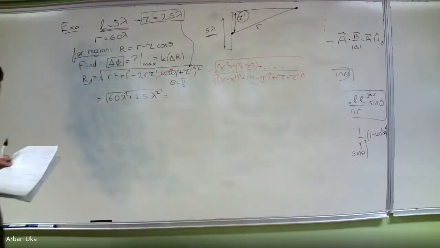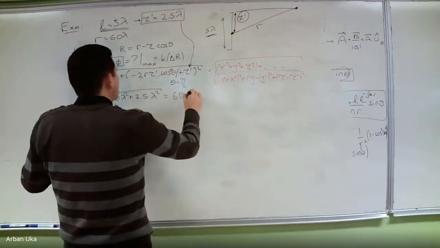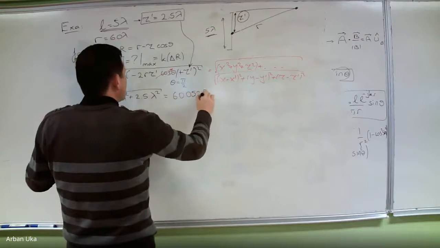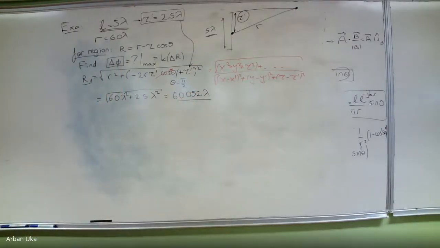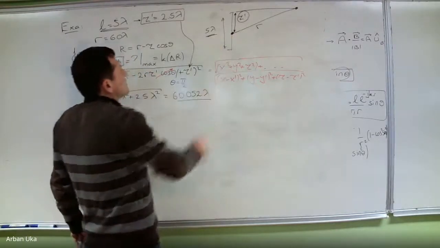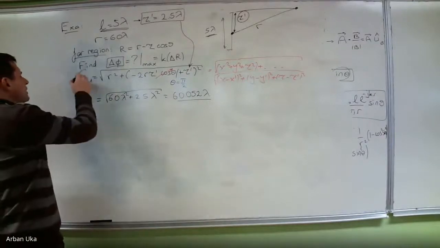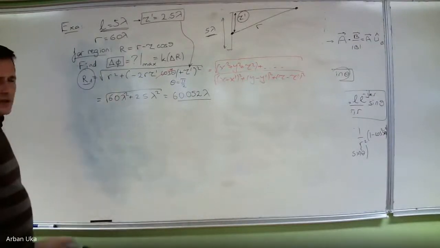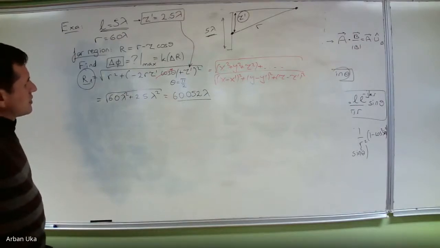So in this case, what we get here is going to be 60.052 lambda. Now, this is a distance which is approximated, or at least the general expression of the R, where we have included also the coordinates of the source.